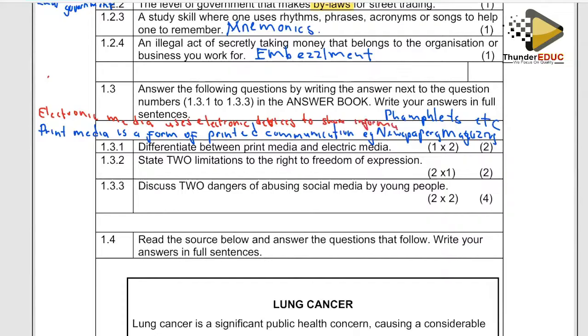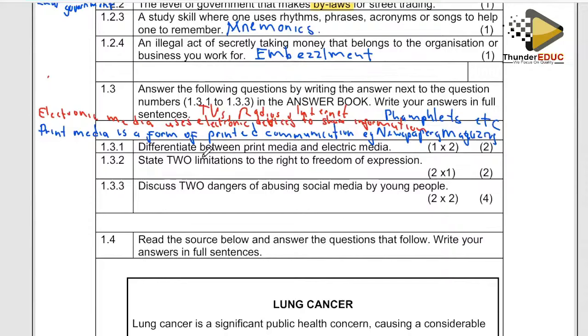So that is the major difference there. In terms of print media, this is printed communication, but electronic media uses electronic devices to share information. I'm going to give you examples of electronic media. We have TVs, we have radios, we have the internet itself.